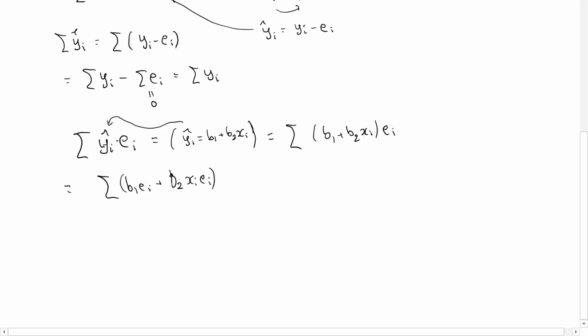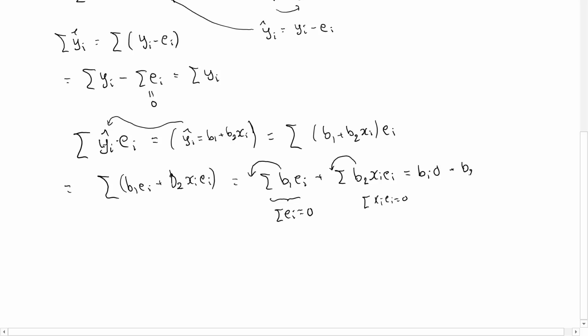Write this as two sums, sum b1 ei plus sum b2 xi ei, and take the constants outside, knowing that the sum of ei that's left is 0. We get b1 times 0. Take that outside, remembering that the sum of xi ei is 0, we get b2 times 0, and that's 0.